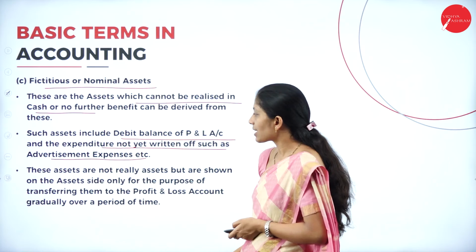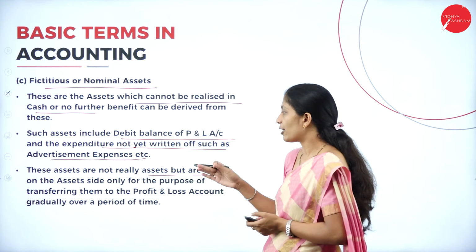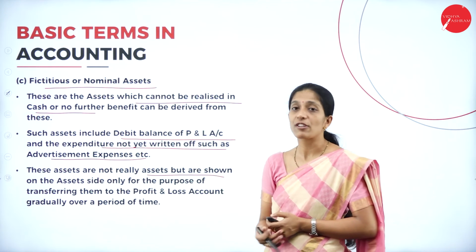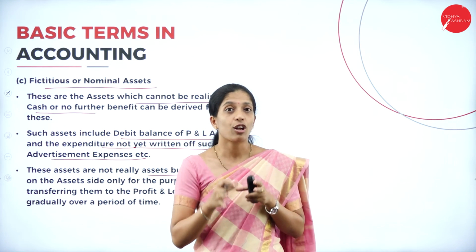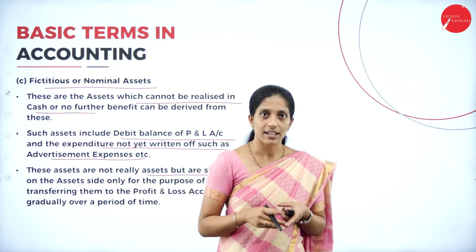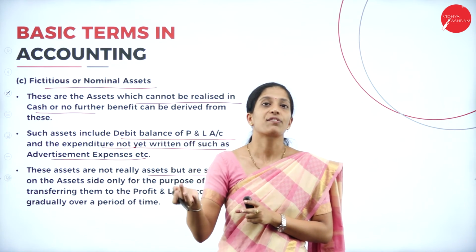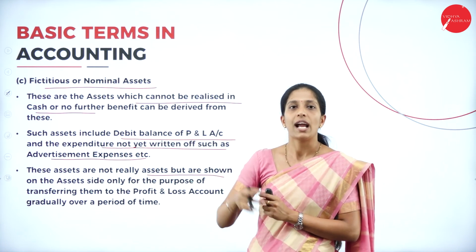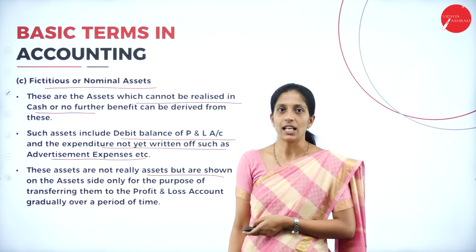These assets are not really assets but are shown on the asset side of the balance sheet for the purpose of transferring them to profit and loss account at the end. So they are termed as fictitious or nominal assets.